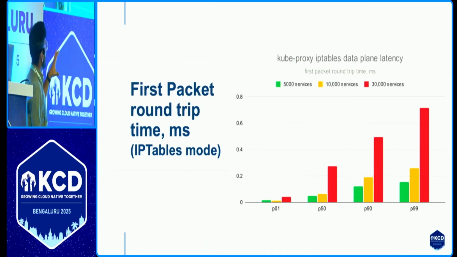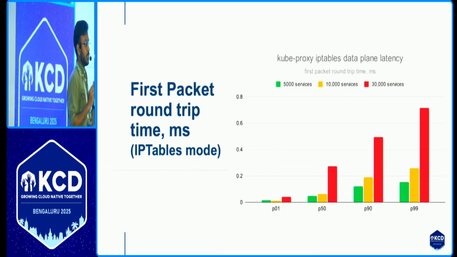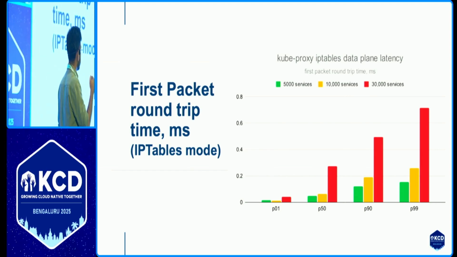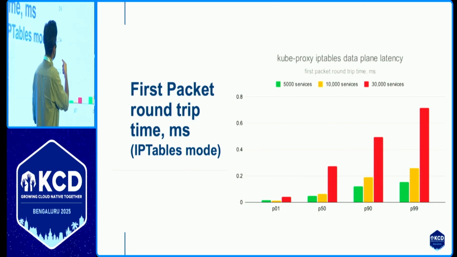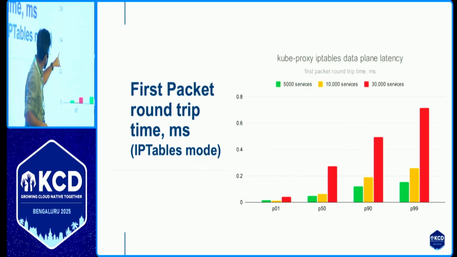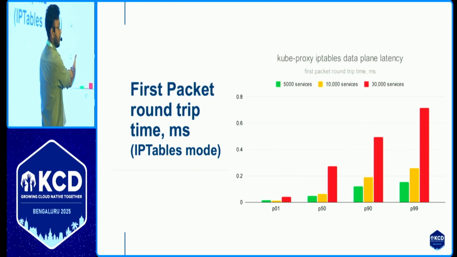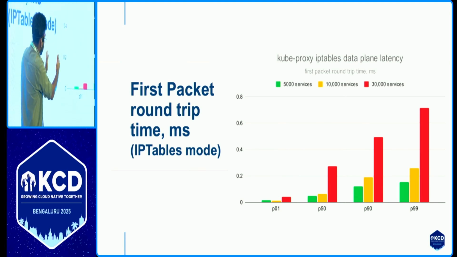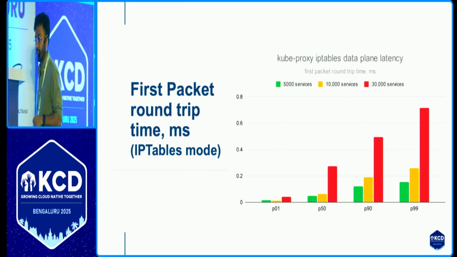So let's take a look at the first packet round-trip time for iptables mode. Now, as expected, because of the sequential search, as the number of services in our clusters grow, so does the data plane latency, which is essentially the first packet round-trip time, grows linearly. Now, these are different quantiles where P50 is the median latency for us, and P99 is the worst 1% latency we see in our cluster.